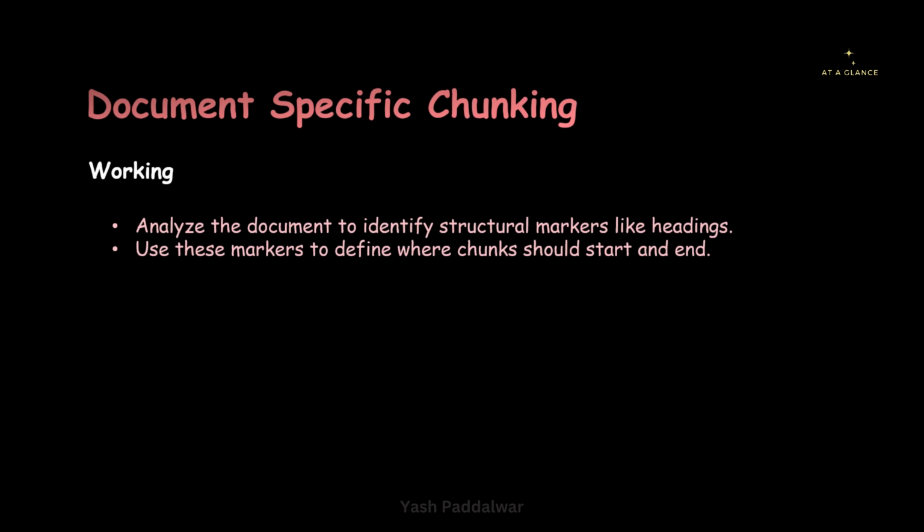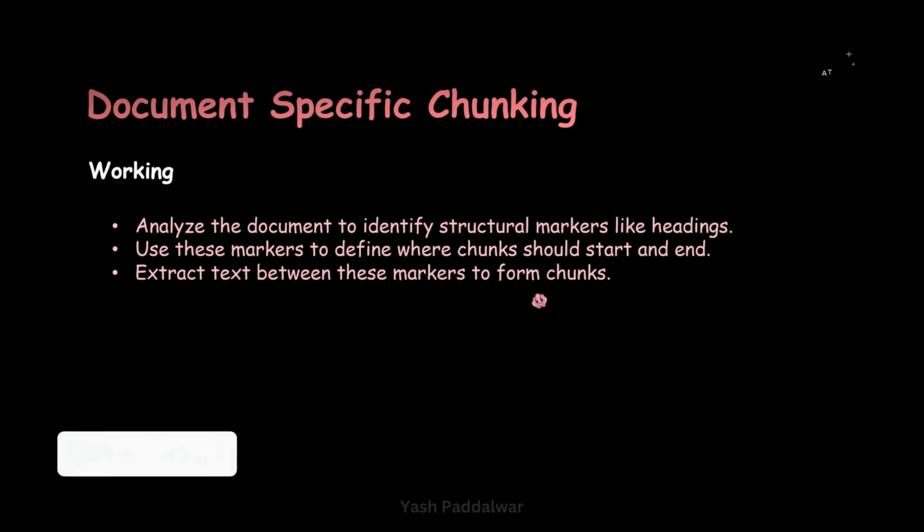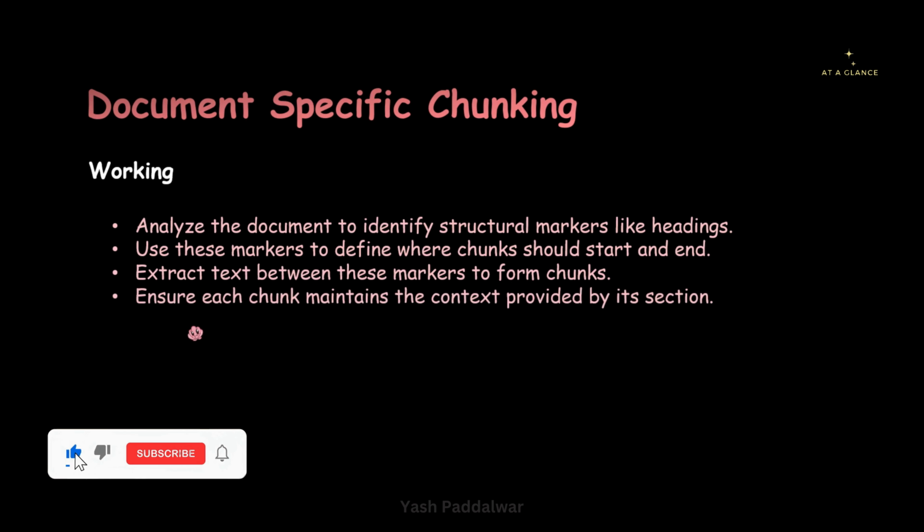We'll simply separate the text into chunks. This is how we can create the chunk and define where it should start and where it should end. Then we can simply extract the text between these markers to form chunks. And once chunks are created, we ensure that each chunk maintains the context provided by its section.